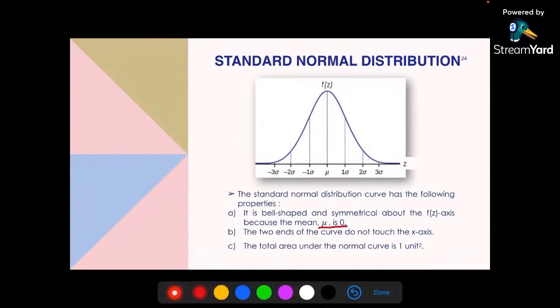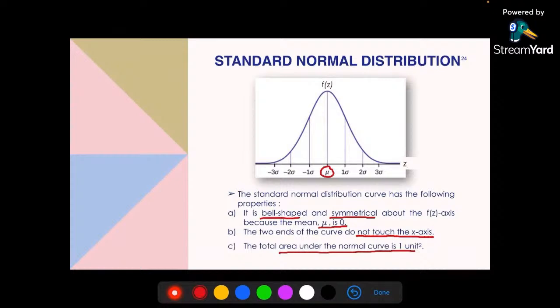Here, this is the location of mean, kat tengah, betul-betul kat tengah situ. Okay, other than that sama. In terms of area under the normal curve also 1 unit. Okay, and then it is bell shape, symmetry dekat mean tu, and two ends do not touch the x-axis, sama juga. Okay, lebih kurang kat situ kan, nampak macam touch but tak touch pun tu.